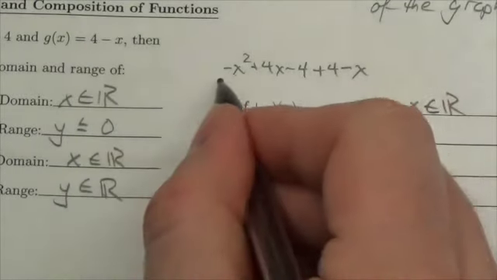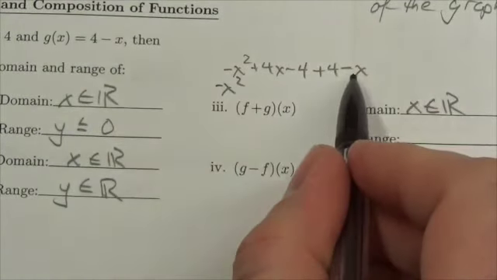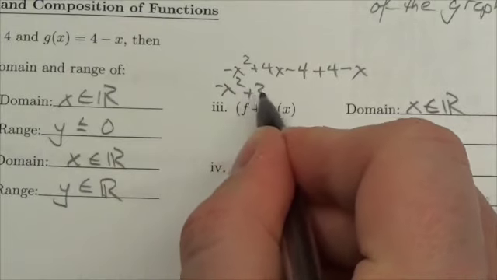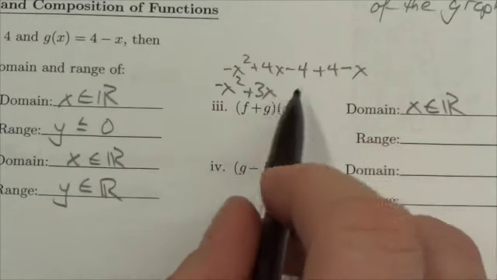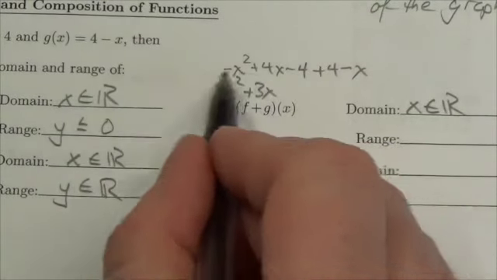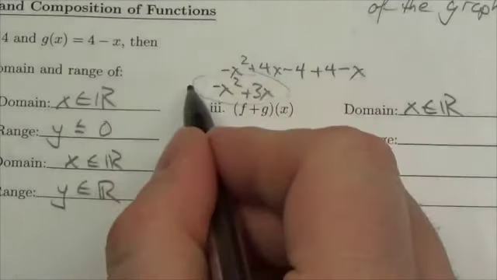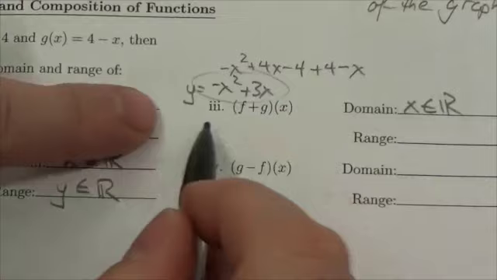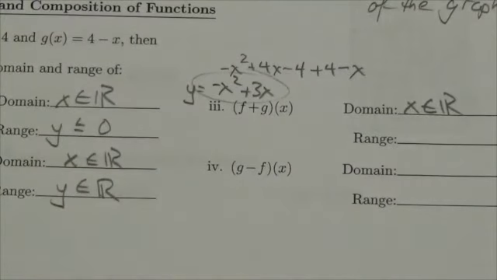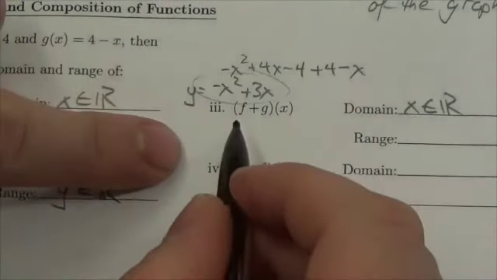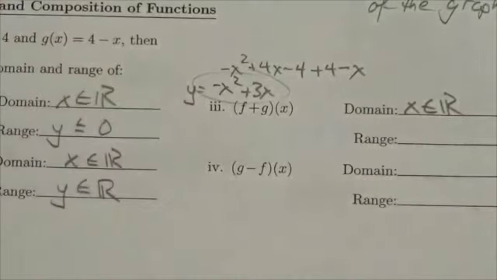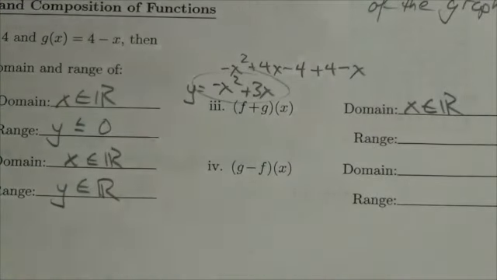Well, that gets me negative x squared plus 3x, and then the negative 4 and the plus 4 cancel, so this is the function that I'm working with. This is the sum of our two functions, which is a quadratic as well, and our quadratic is going to have a limited range here.